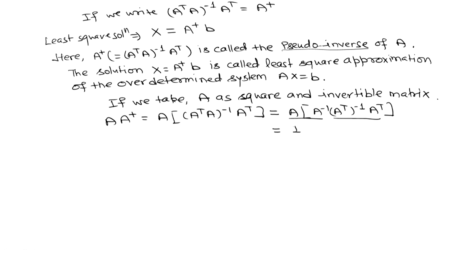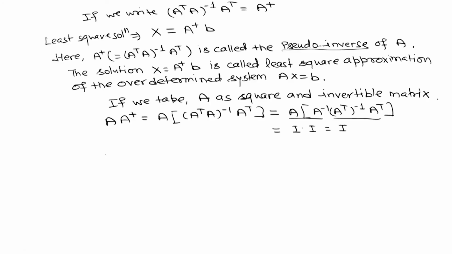So this is I into I equals I. So it is a kind of inverse, but for rectangular matrices where the number of rows is more than the number of columns. So this is the least square approximation of an overdetermined system.